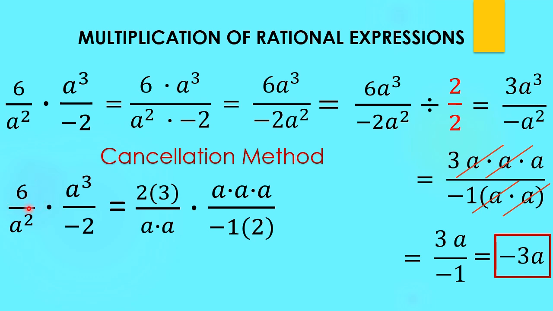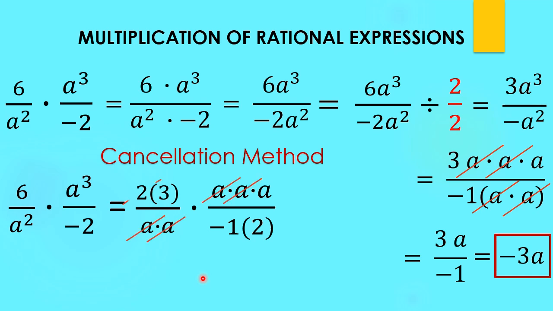And then negative 2 can be written as negative 1 times 2. And then a squared can be written as a times a, and a cubed can be written as a times a times a. So let us cancel out all the common factors.